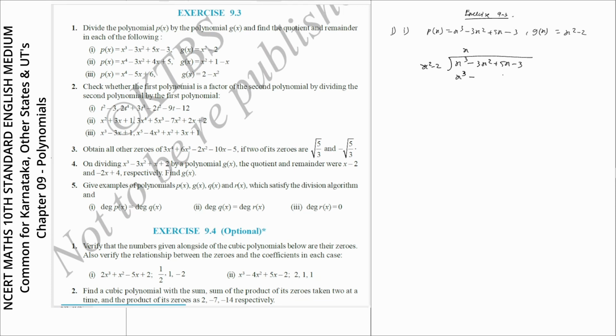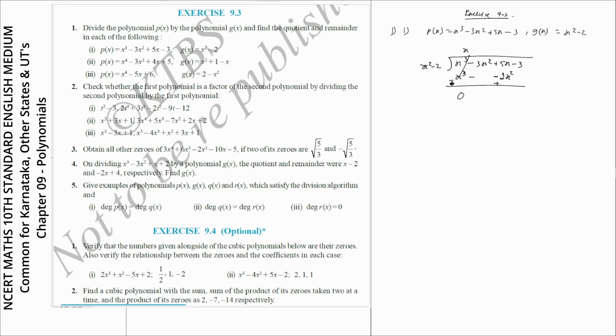Write it below the x term only, minus 2x. Now change signs. Wherever plus is there, make it minus. Wherever minus is there, make it plus. Now plus 3x and minus 3x get cancelled, 0.